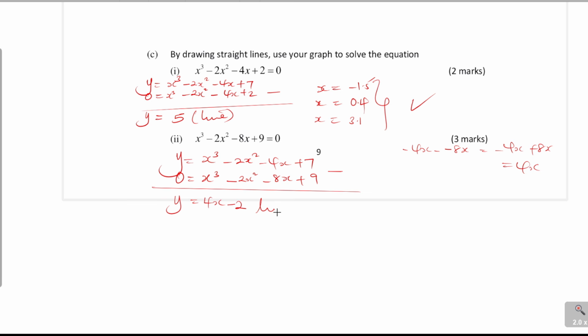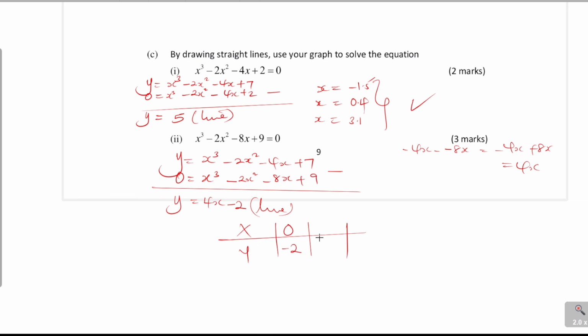So this is the line that you need to draw. This is the equation of a straight line, so you'll need at least 2 points to draw that. The first point I will use is when x is 0. In y equals 4x minus 2, you get y will be negative 2.